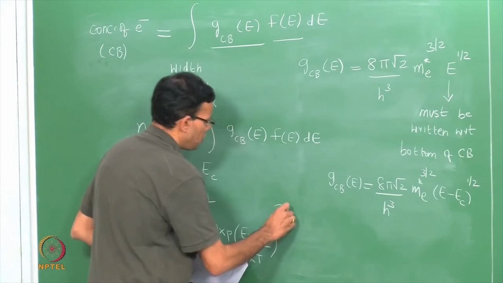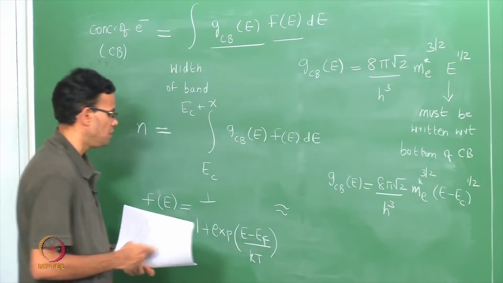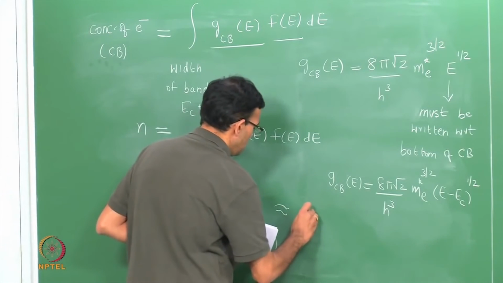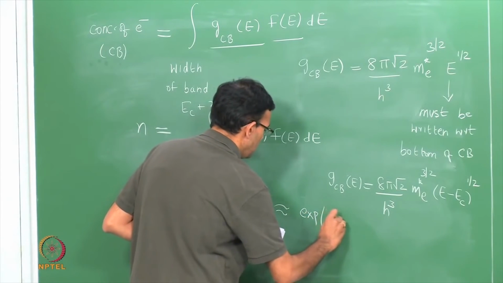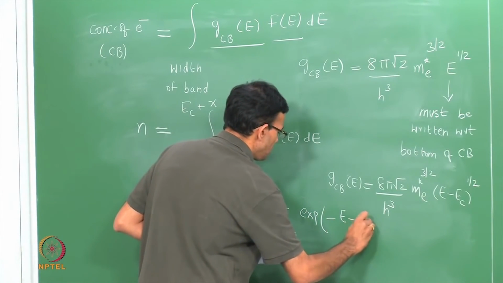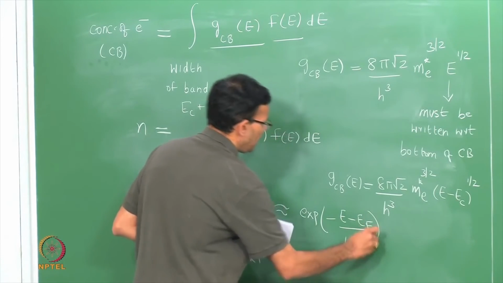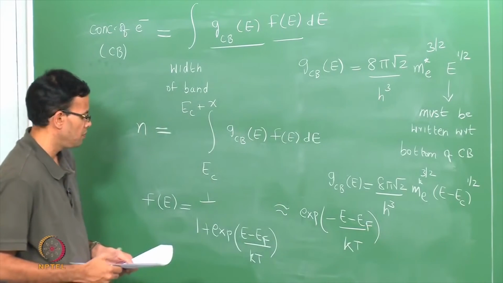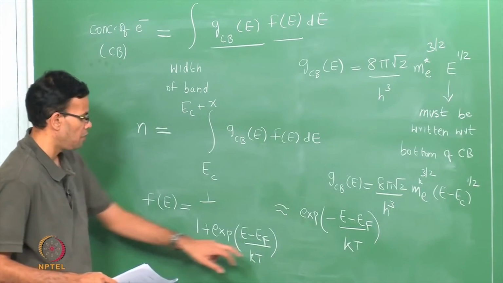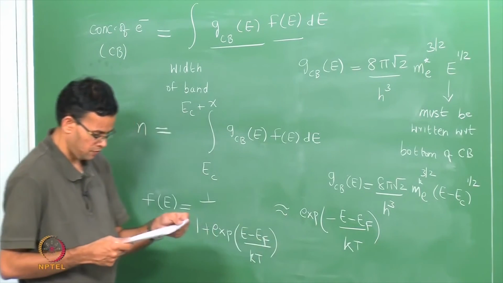So, we can approximate the Fermi function as a Boltzmann function and write this as exponential minus E minus EF over kT. So, this expression approximates to this one.